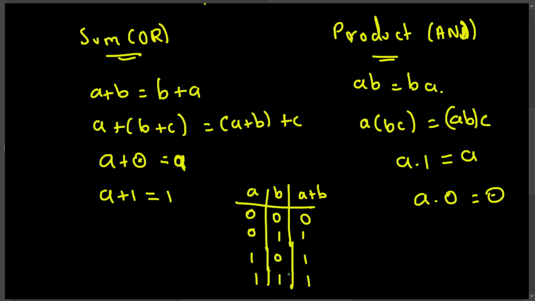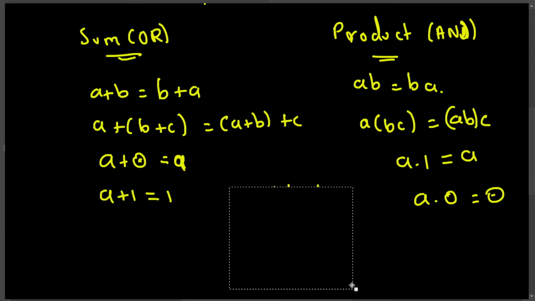That's how it works. So the only way the OR gate gets 0 is when both of the inputs are 0. That's the only thing you have to remember.